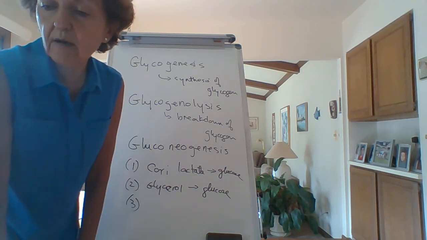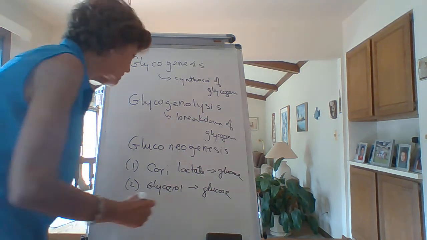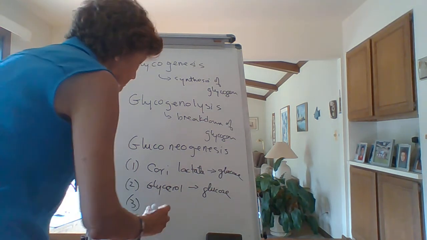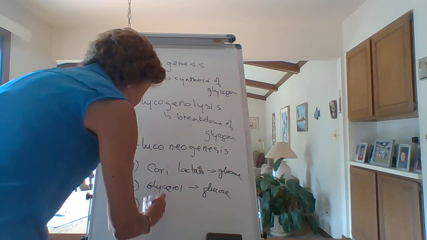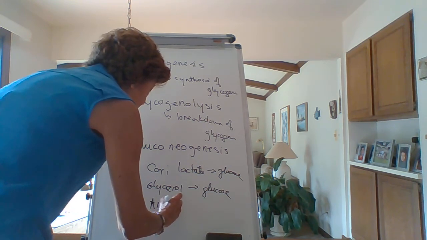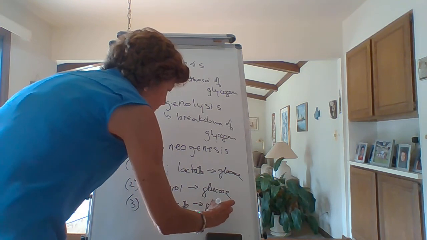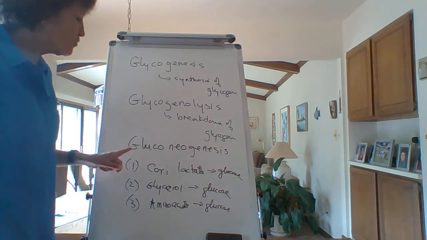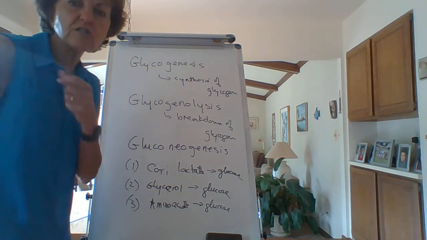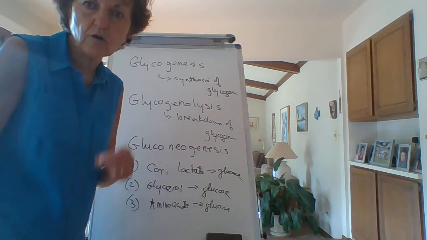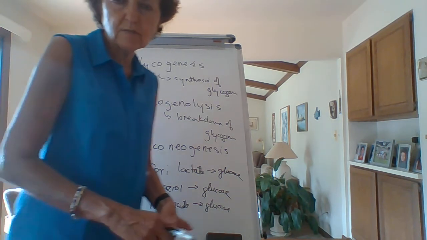And those amino acids we'll get into later on in the protein metabolism chapter, but we can write amino acids can be turned into glucose. So basically the term gluconeogenesis just means the synthesis of glucose from non-carbohydrate material.